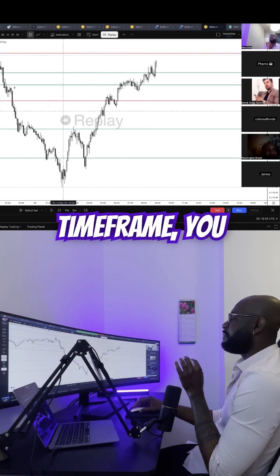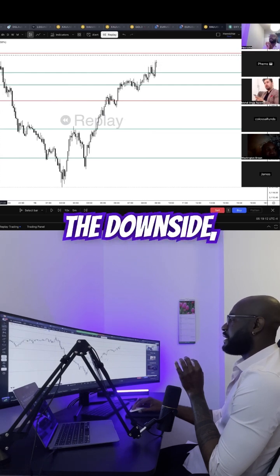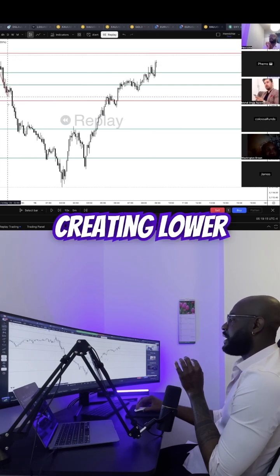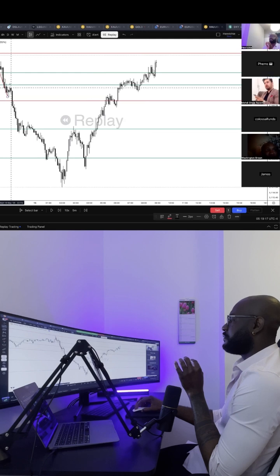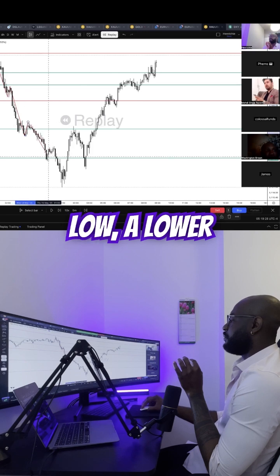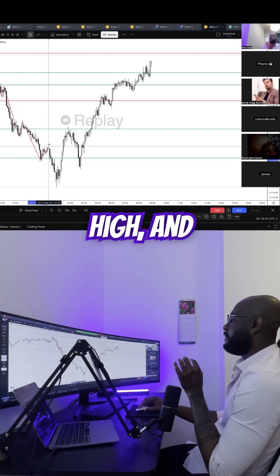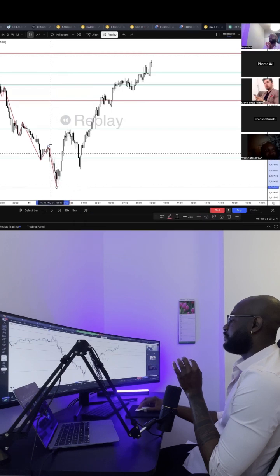On the 5 minutes time frame, you can see how we were literally trending to the downside, creating lower highs, a lower low, created another lower high, a lower low, a lower high, a lower low, a lower high, and a lower low right here.